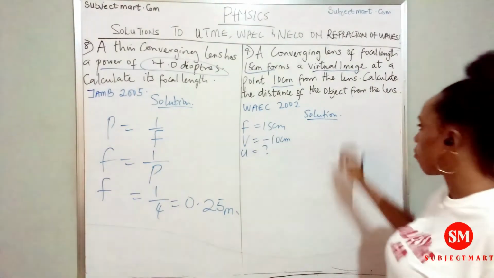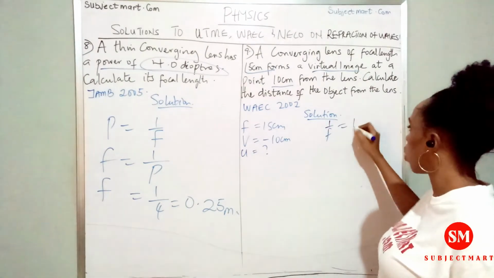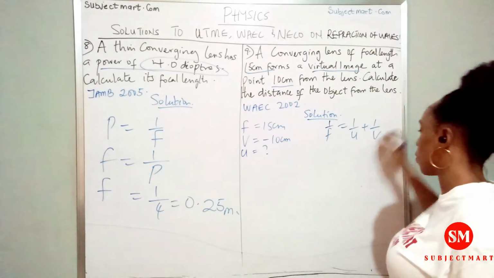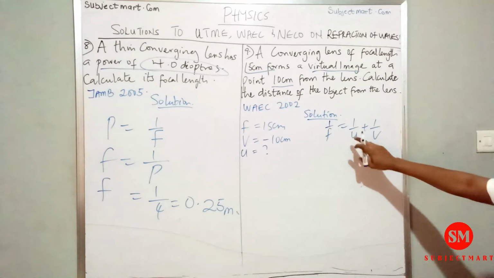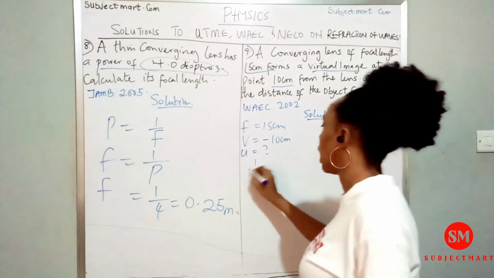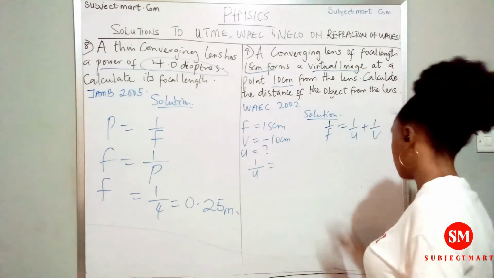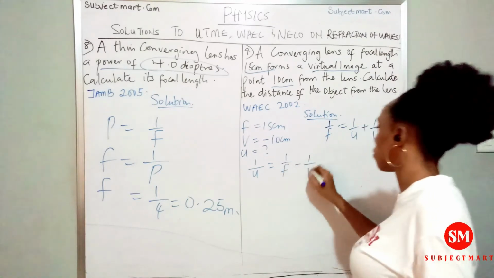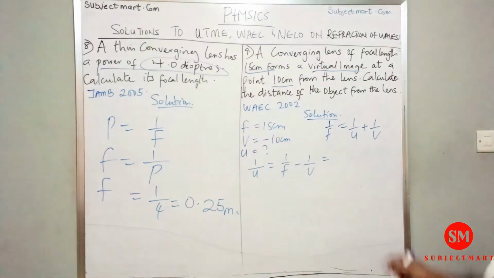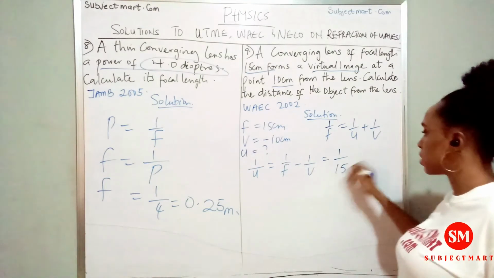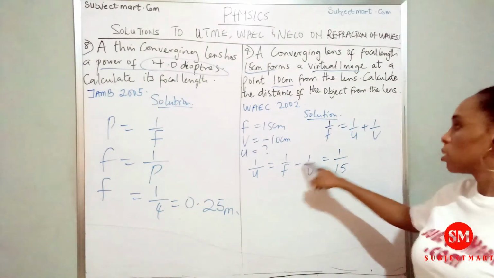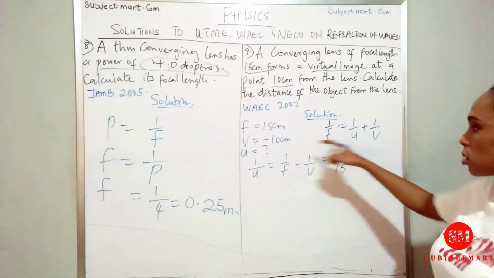So you recall our formula that says 1 over F equals 1 over U plus 1 over V. So we are looking for U. So we make U the subject of the formula, and that will give us 1 over U is equal to 1 over F minus 1 over V. And this will be equal to 1 over 15 minus, so we have minus 1 over minus 10.